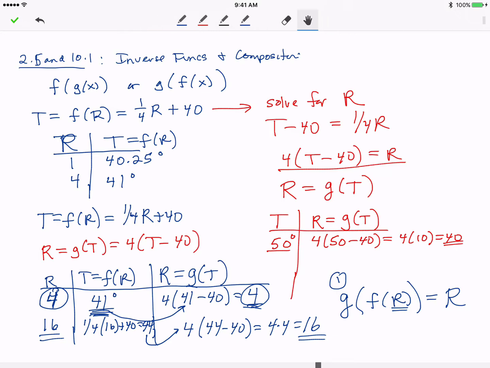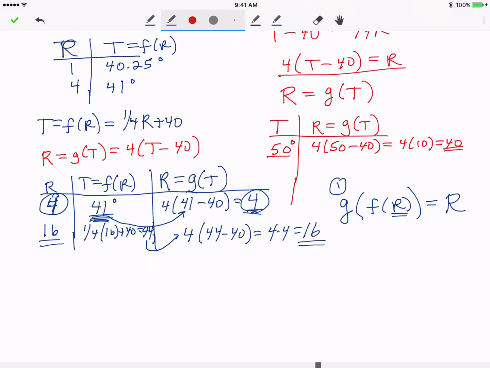The second thing you would need to do is to start with, instead of r, the temperature. And then use the formula r is equal to g of t. And then you take the chirp rate r and use the function t is equal to f of r.